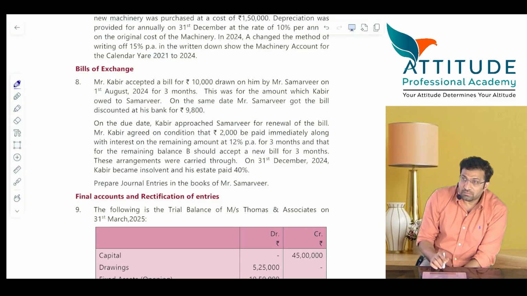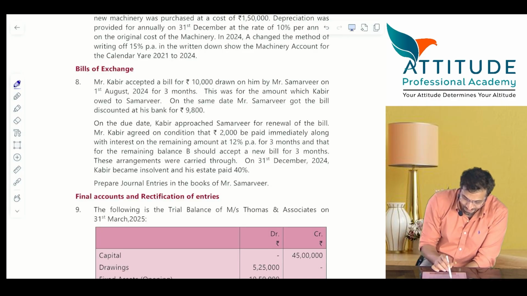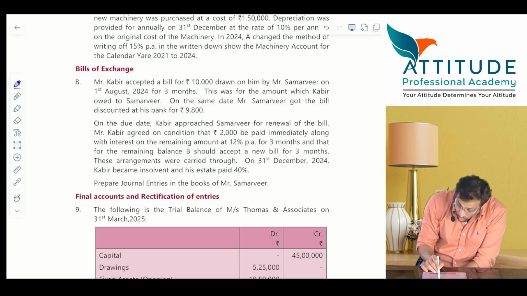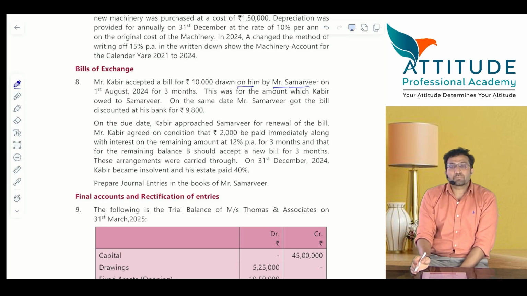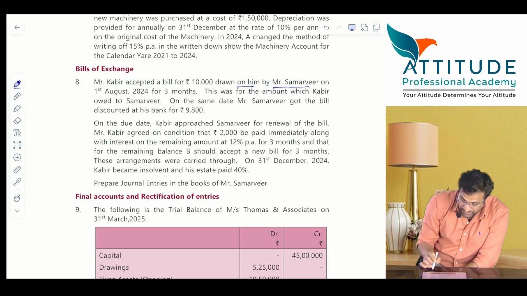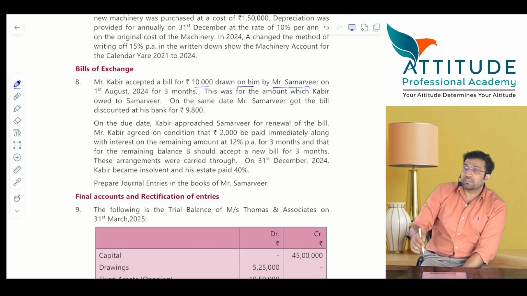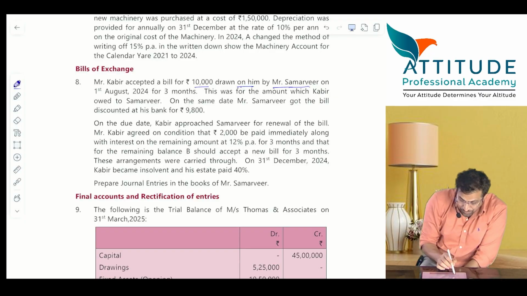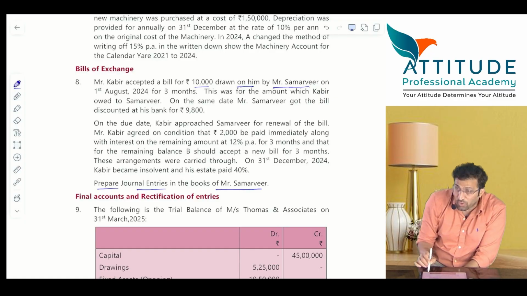Mr. Kabir accepted the bill of 10,000 drawn on him by Samaravir. Hear it carefully. Kabir accepted the bill of 10,000 drawn on him by Samaravir. And they are saying, prepare journal entries in the books of what?